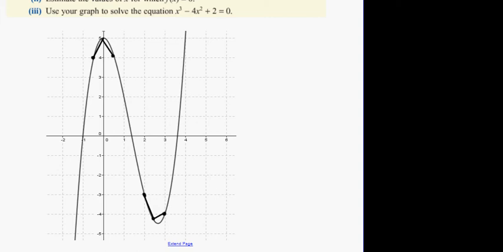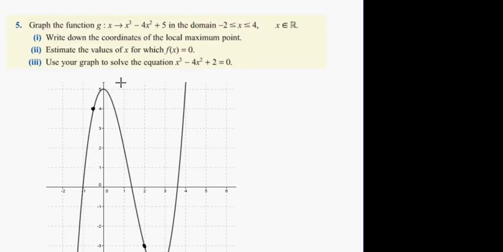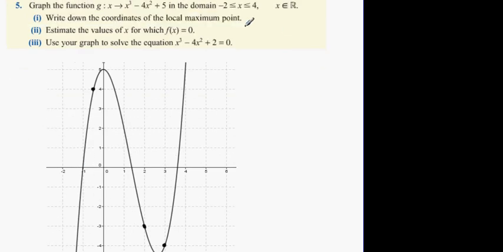Okay. Now that we have that done, what we're going to do next, guys, is estimate the values for x for which f of x equals 0. When does f of x equal 0, lads? When is the y value worth 0? That's what the question means. At what point is the y value worth 0? Well, minus 1, 0 for a start, yeah?